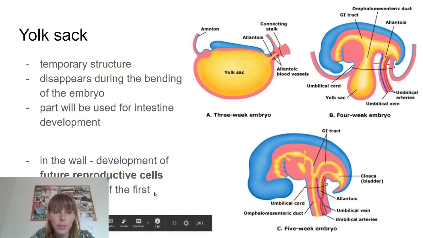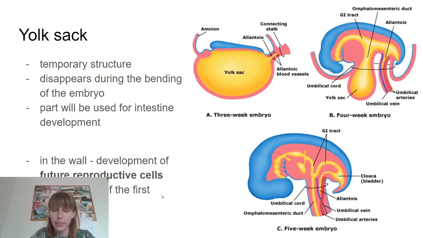So red blood cells will start to be made, and they will then circulate in the capillaries inside the chorionic villi. So you will see the developing, not mature, erythrocytes in there as well.